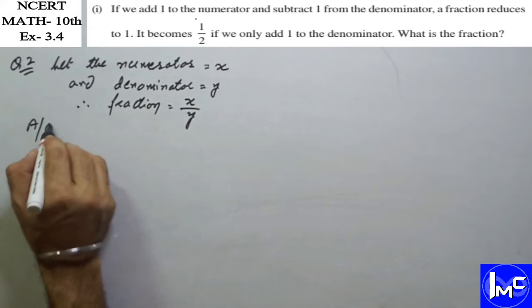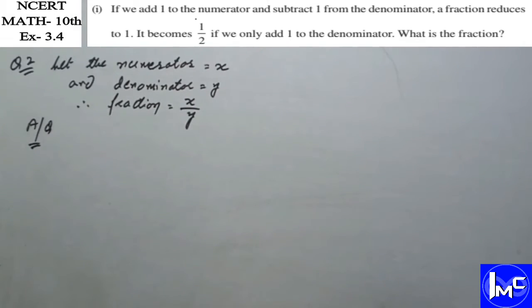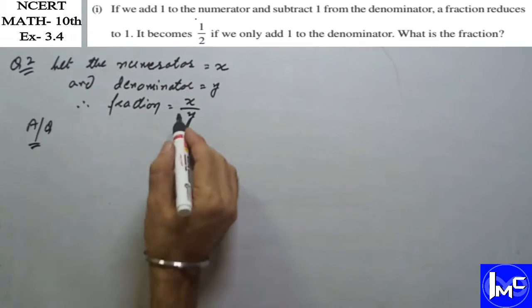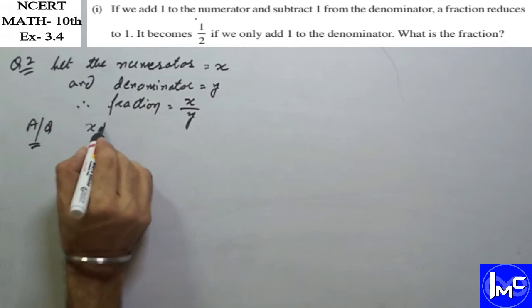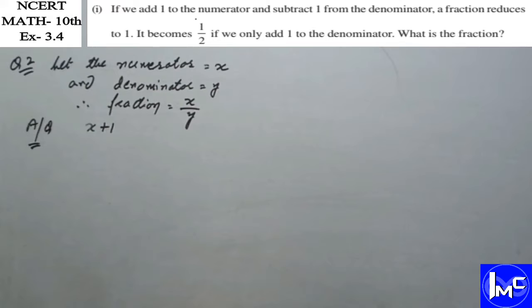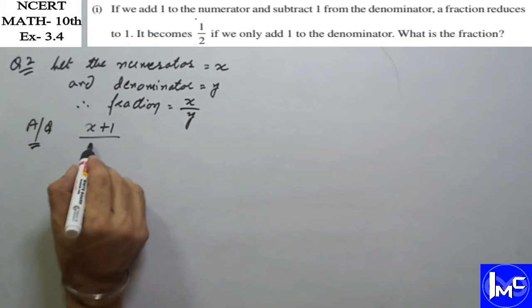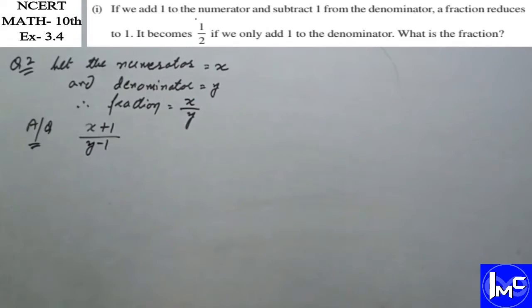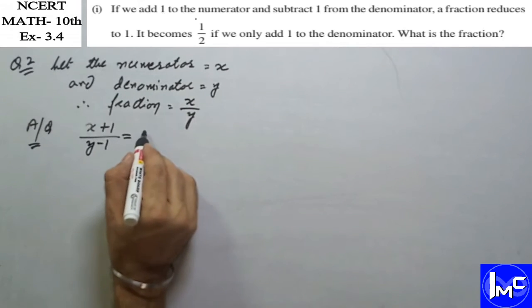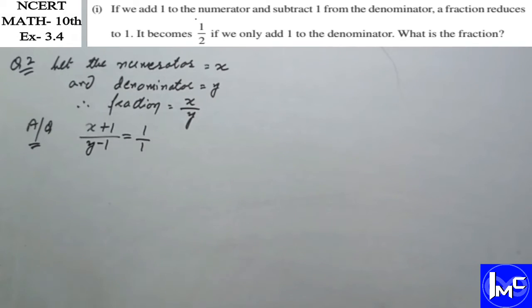Now we will come to the conditions. If we add 1 to the numerator, it will be x plus 1, and subtract 1 from the denominator, y minus 1, and the fraction reduces to 1, that will be 1 by 1.